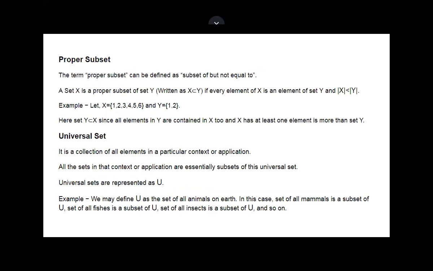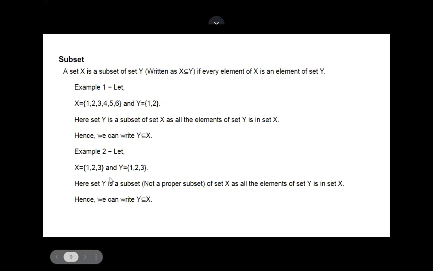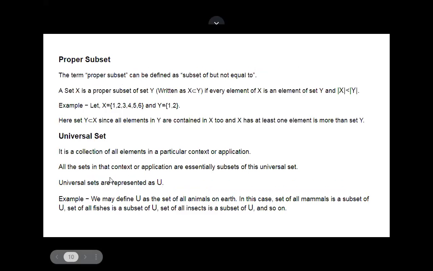Then the term comes as proper subset. Now what the proper subset is? See here. How subset we write it? Like C and underline to that C. When proper subset is there, we only write the C there, in between the two sets.